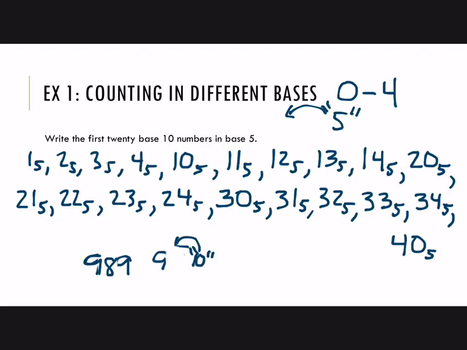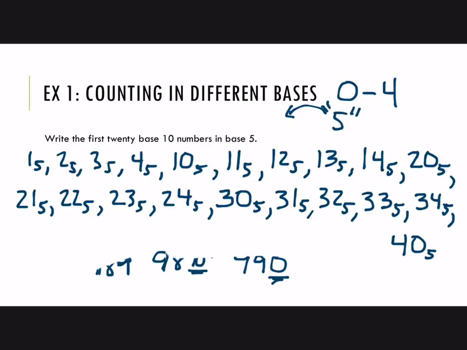If I had 9, 8, 9, I don't write this as 9, 8, 10. I write this as 9, 9, 0, the next number up. So 9, 8, 9 plus 1: 10 ones becomes an extra 10, with 0 ones left over.